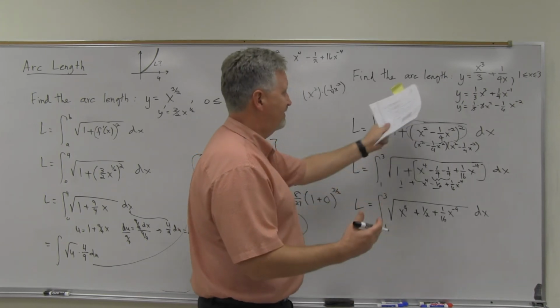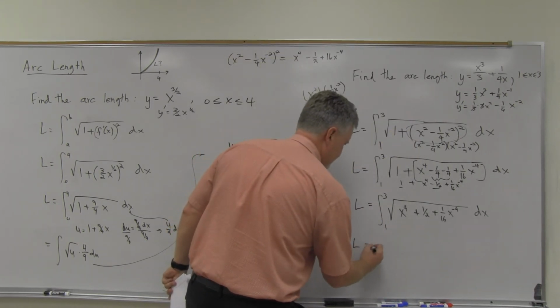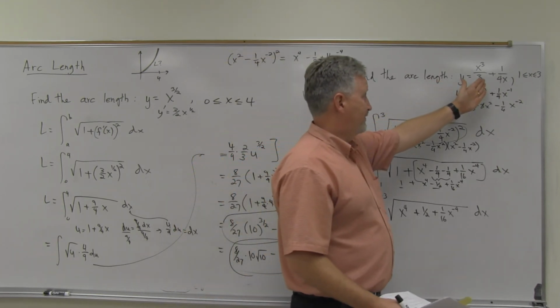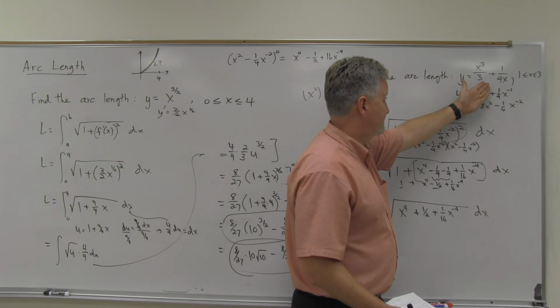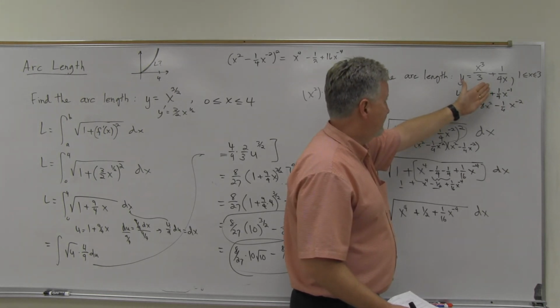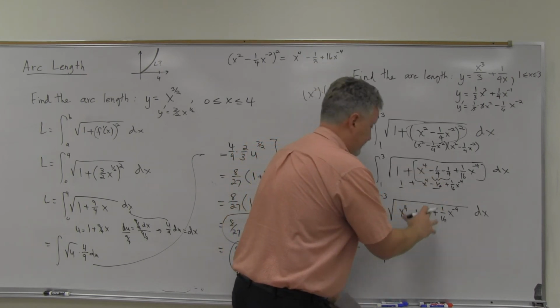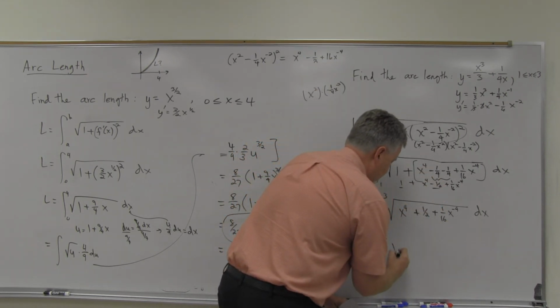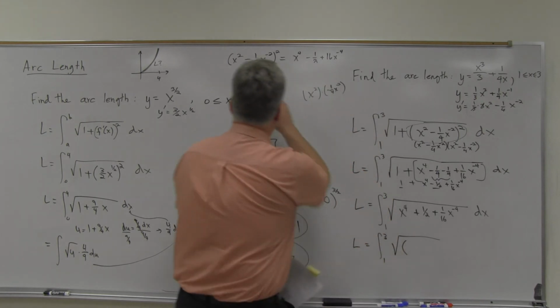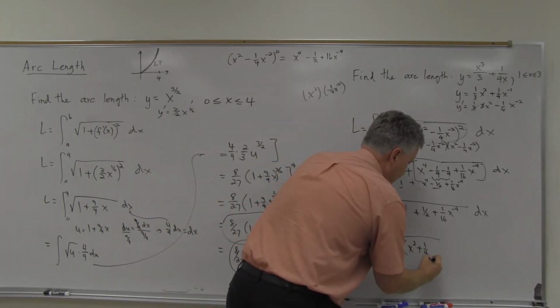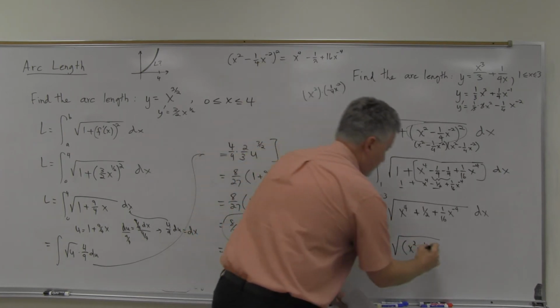And so that's why this is such a strange looking function. I don't think we've ever had quite that same function before. But it works out so beautifully, because when you do all the math, this turns into the square root of x squared plus 1/4 x to the minus 2 squared.